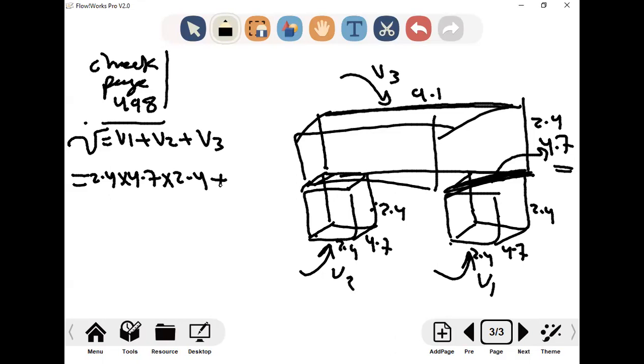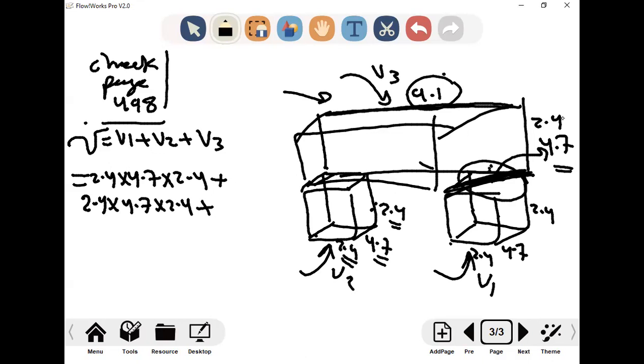Plus volume 2, length, width, height 2.4, 4.7, 2.4, plus volume number 3, length, width, and height, right? Length 9.1, multiply 4.7, multiply the height 2.4. Is this clear? I just apply the formula of the rectangular prism's volume 3 times for each rectangular prism.